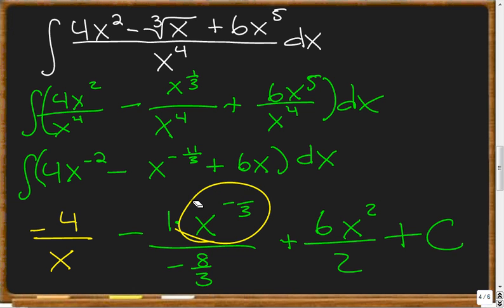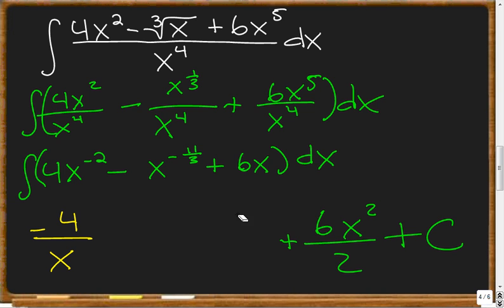So this giant thing becomes positive 3 over 8 cube root of x to the 8th. Really odd looking thing, but sometimes that happens, and you just have to roll with that. And then finally, this last part, this just becomes 3x squared.